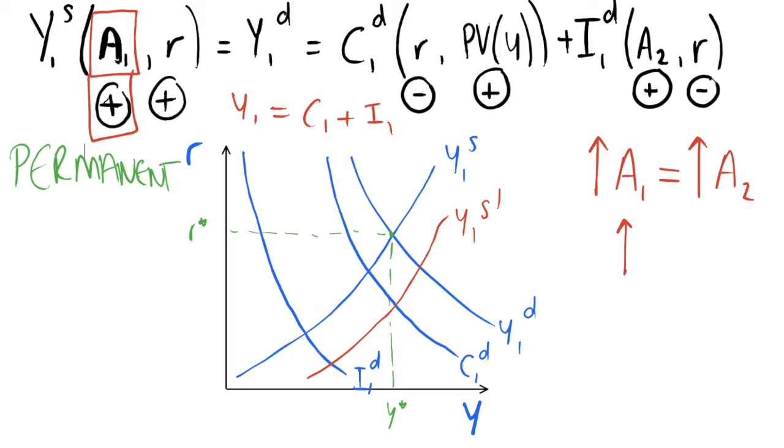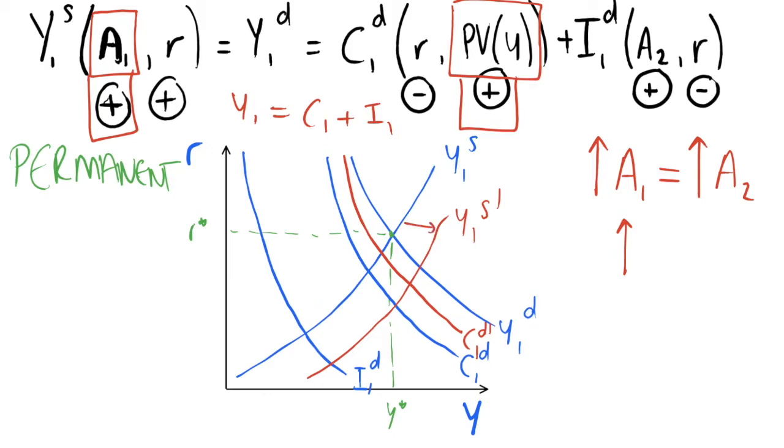So by increasing productivity, we are indirectly increasing our wages, and so we are increasing the present value of income, which, as we can see in our consumption function here, factors in positively. So our indirect effect is that we shift the consumption function a little bit to the right. So we move to C1 D1.